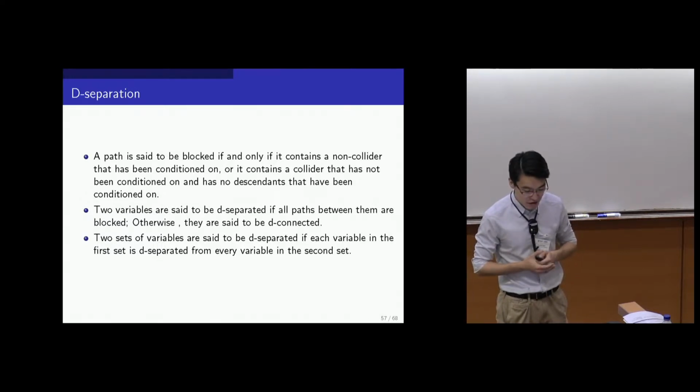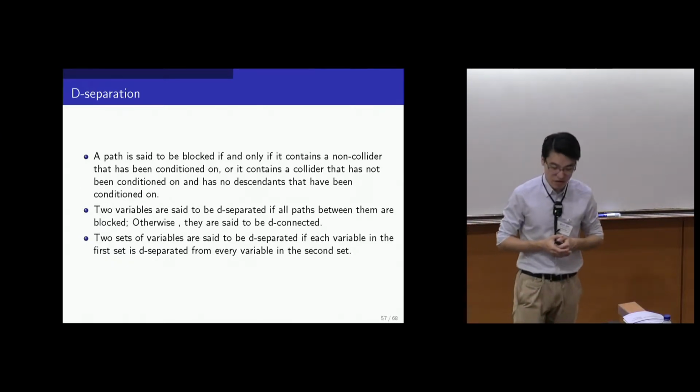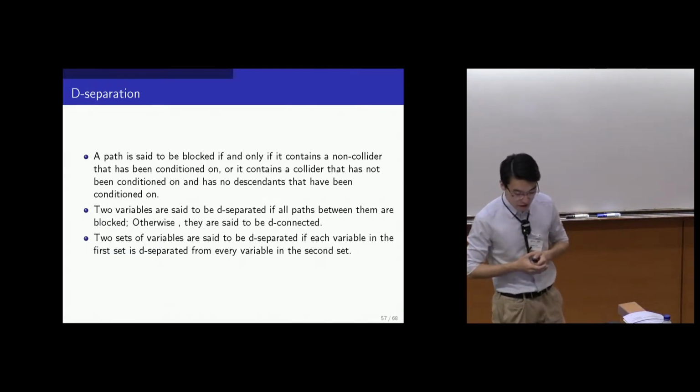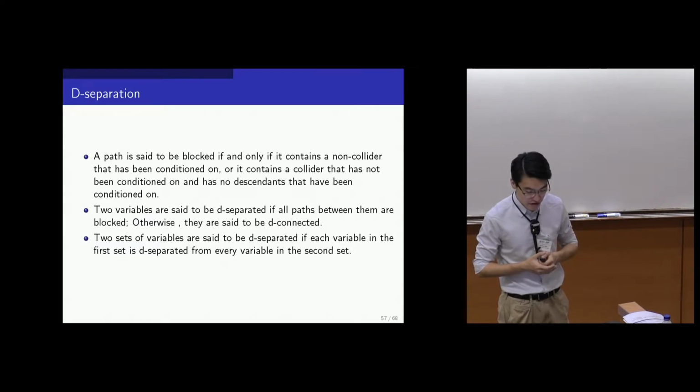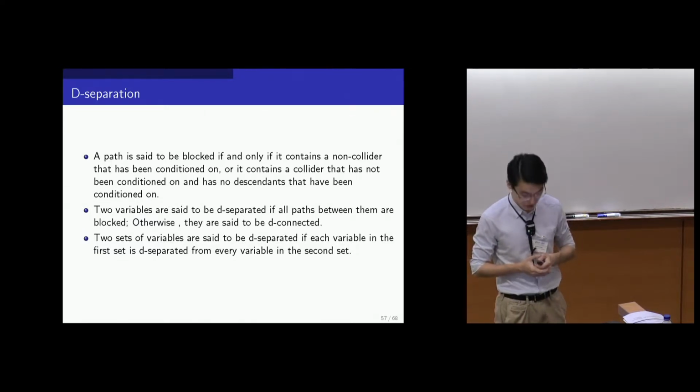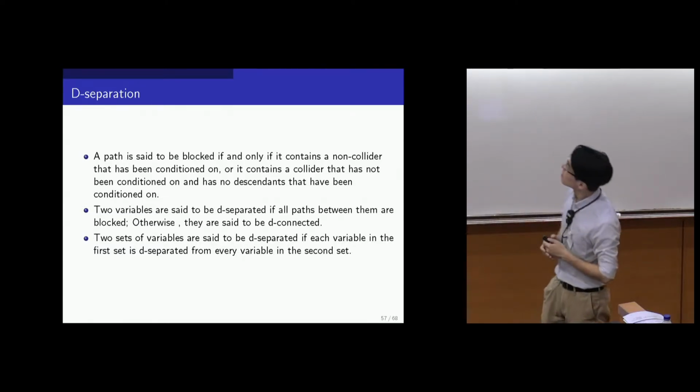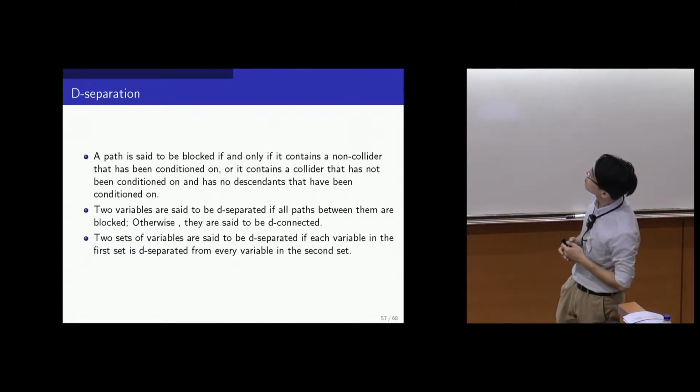Two variables are said to be d-separated if all paths between them are blocked. Otherwise, they are said to be d-connected. Two sets of variables are said to be d-separated if each variable in the first set is d-separated from every variable in the second set. This is just the definition of d-separation for sets of variables.